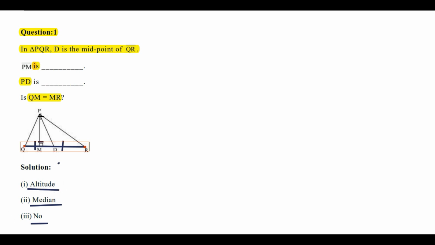Altitude is the line that joins the vertex of a triangle to the perpendicular on another side. Median is the line that joins the vertex of a triangle to the midpoint of another side. These two definitions I already explained in my previous video of the explanation of chapter number 6.